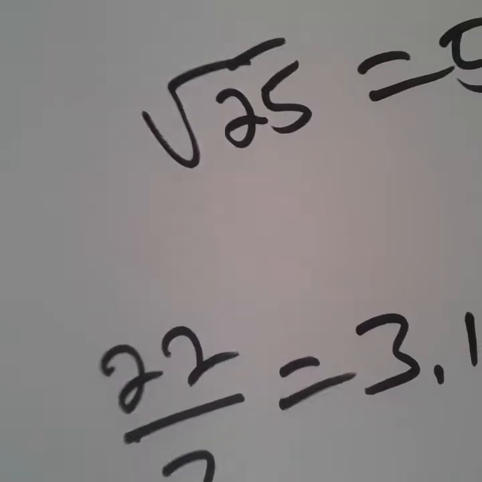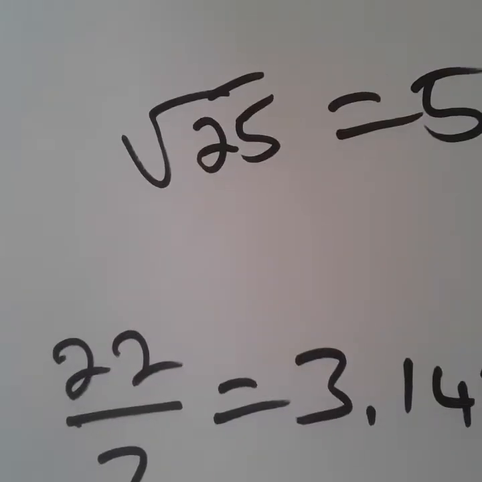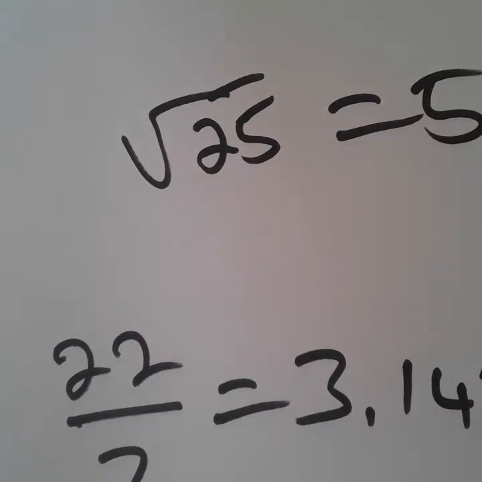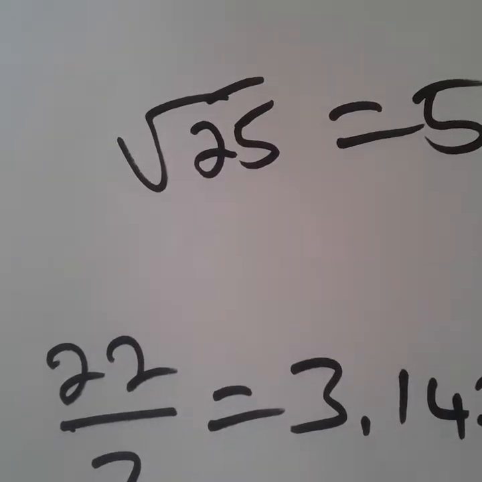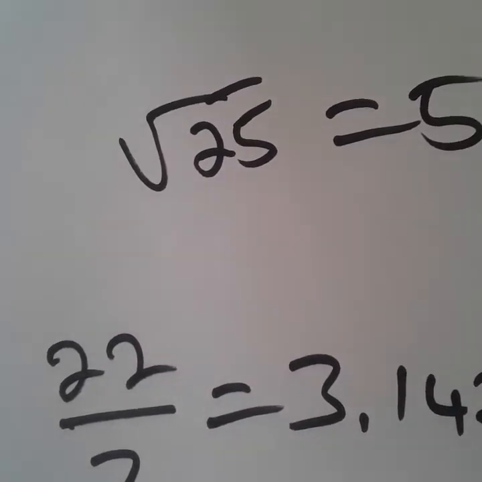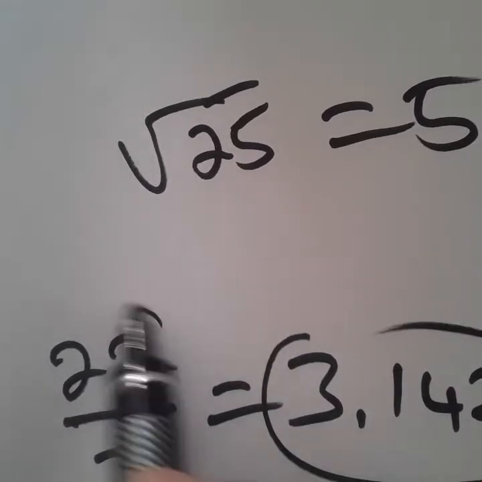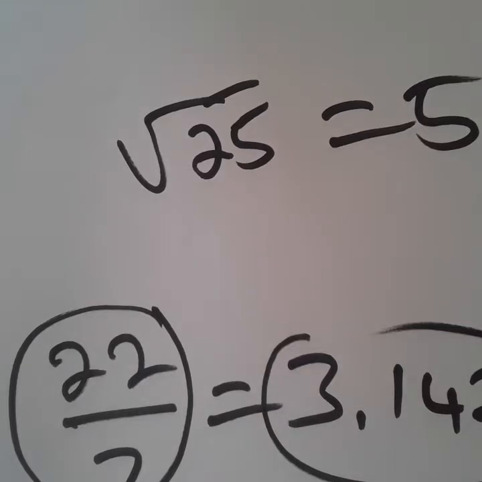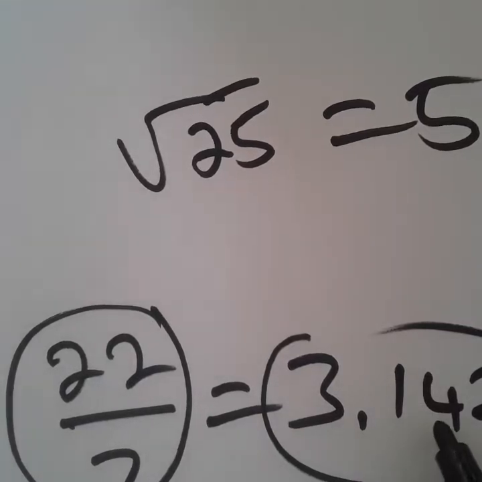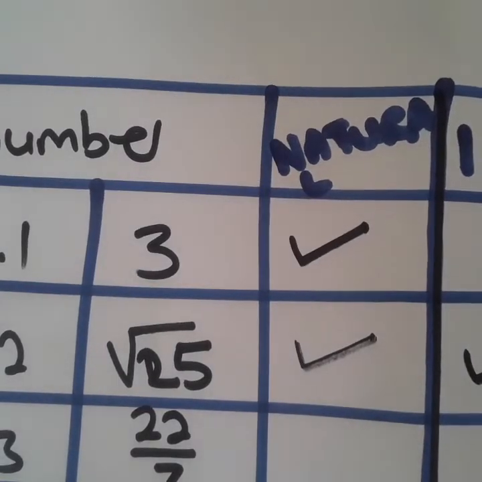So what are natural numbers? Natural numbers are positive integers. An integer is not a decimal number, and a natural number is not a decimal number. So since this number appears in a decimal form, 22 over 7 is not a natural number. So we pass.